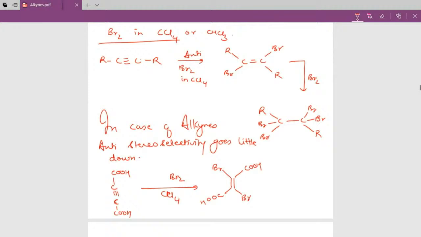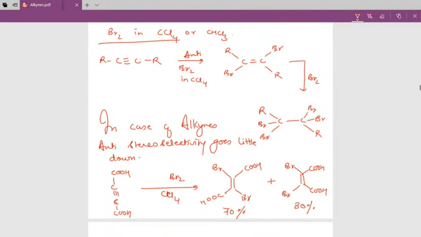Like in case of 2-butene, almost 100% anti-addition is observed. But as we go to alkynes, this type of selectivity towards anti-addition is found to be much less. See the distribution of syn and anti. This will be formed by syn addition, which is almost 30% this time, and this is formed by anti addition, which is 70% formed this time.